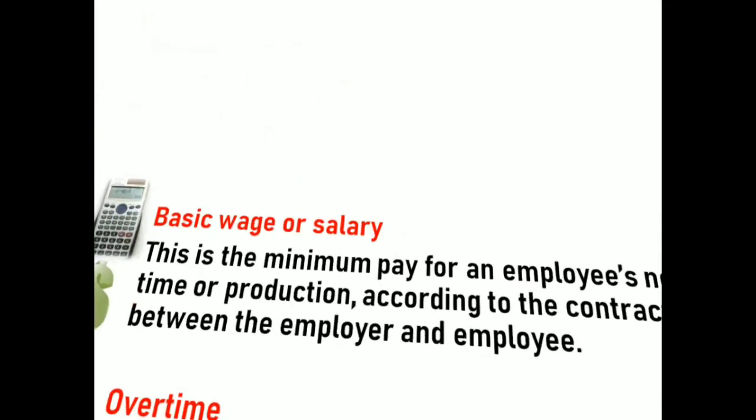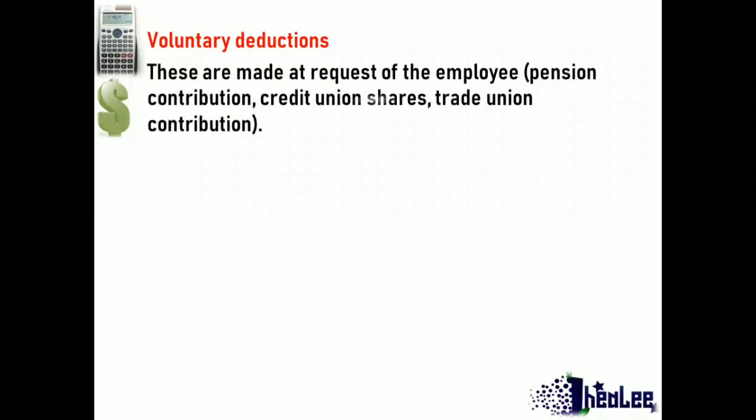And we're going to continue by looking at the voluntary deductions, which are also known as non-statutory deductions. These are made at the request of the employee. So for example, pension contribution, credit union shares or dues, trade union contribution.